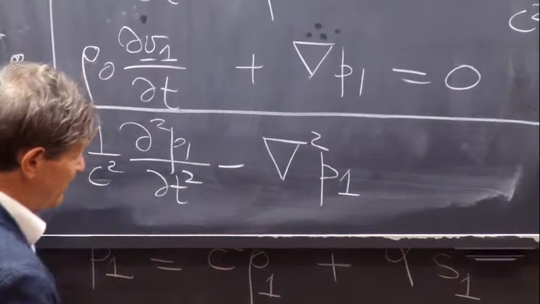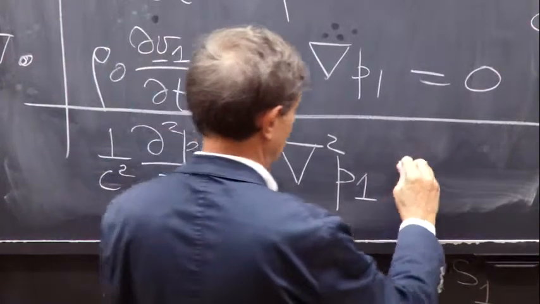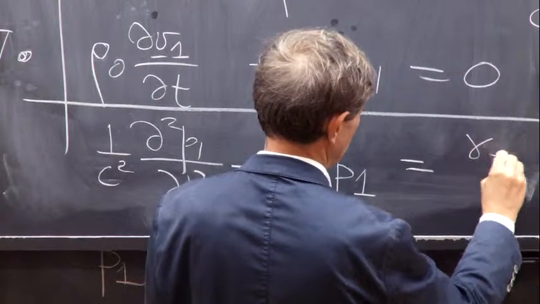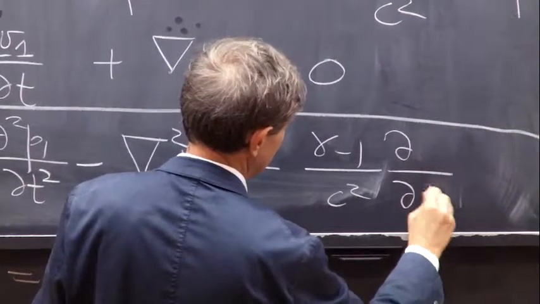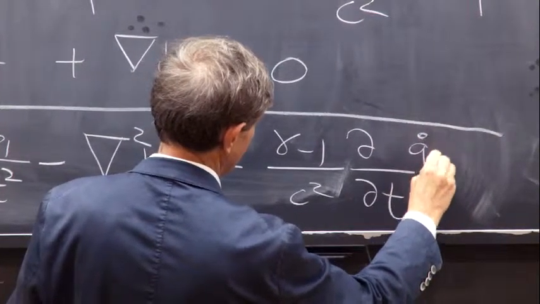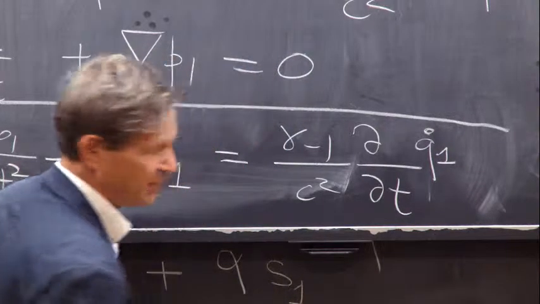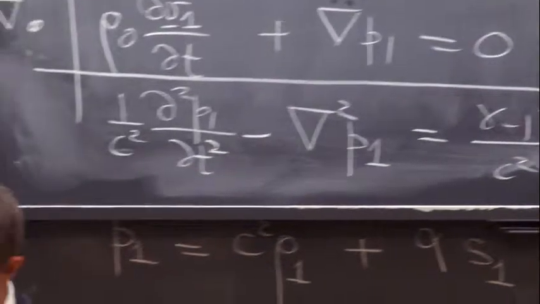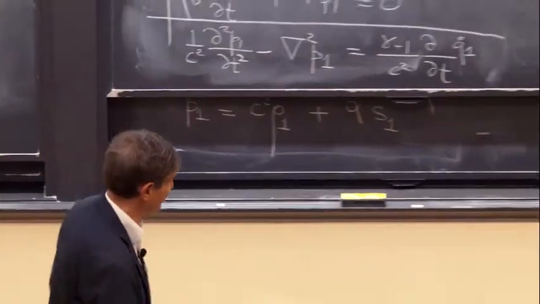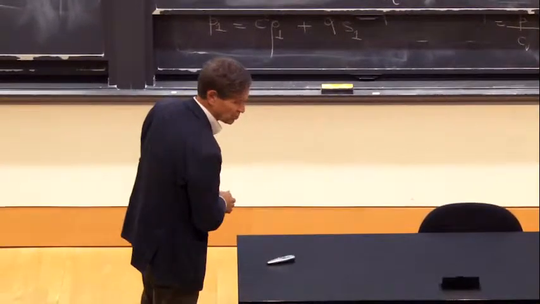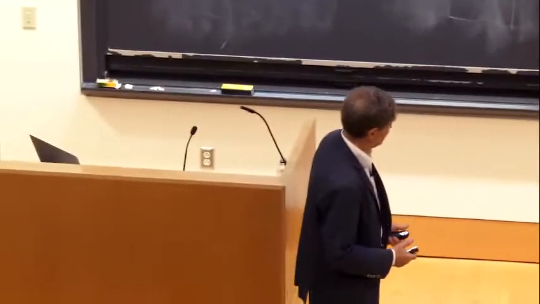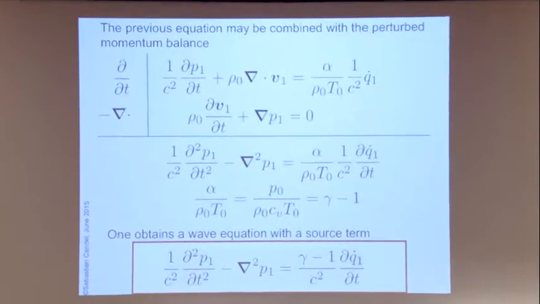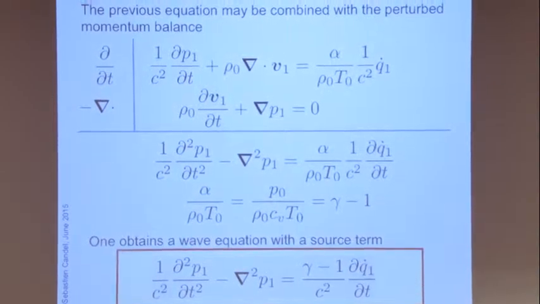Previously we had 0 on the right-hand side, but now we have gamma minus 1 over c squared d by dt of Q dot 1. So the effect of the heat release fluctuations is that we now have a source term on the right-hand side of the wave equation. This is what we see in this equation in red there.